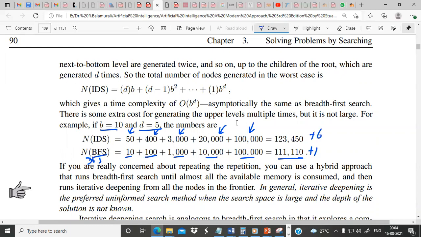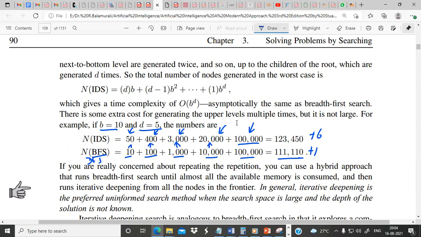Now this is the same for both BFS and IDS, because in IDS also the leaf nodes will be accessed only once. But the nodes above will be accessed twice, so it becomes 10,000 into 2, 20,000. These nodes will be accessed thrice, so 1,000 into 3, 3,000. These nodes will be accessed 4 times, so 100 into 4 becomes 400.